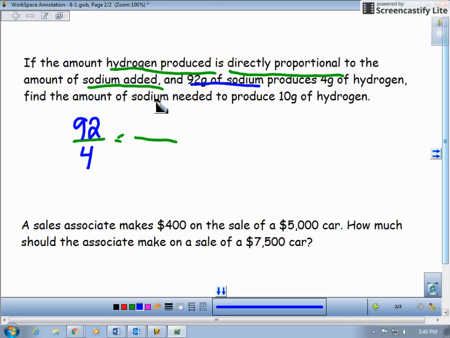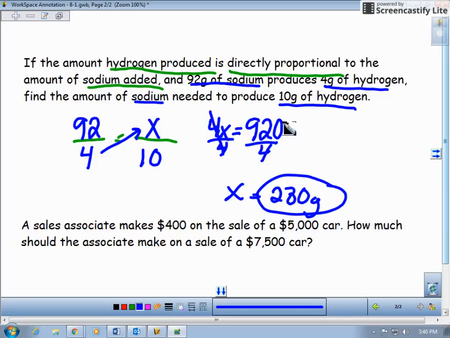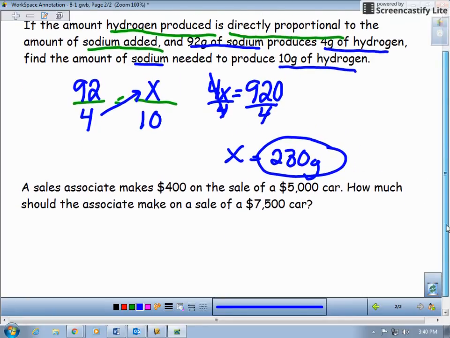Then it says find the amount of sodium needed to produce 10 grams of hydrogen. Let's remember, I put hydrogen on the bottom, so that's where that needs to go. And I want to find sodium, which I put on the top. And then we just cross multiply here, guys. 4x equals 920. We divide by 4, so we get x equals 230 grams, when we take 920 divided by 4.